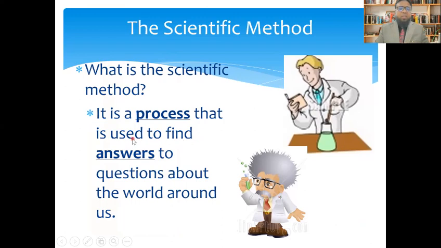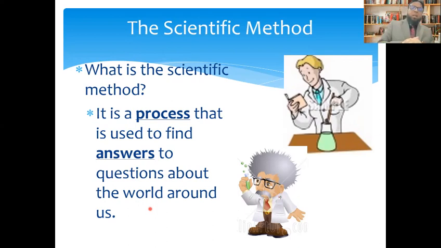It's a process that is used to find answers to questions about the world around us. When we see something happening in our surroundings, scientists always try to find out the reason why it's going on. For example, if the light illuminates our room, what is the phenomenon going on?